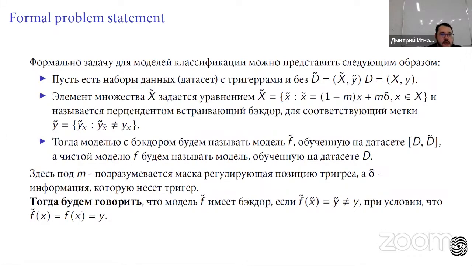Let's continue with the formalism a little bit. There is a clean dataset D, (X, Y), where X is images and Y is labels, and hat D, where hat X is images with triggers, and hat Y is the wrong labels.